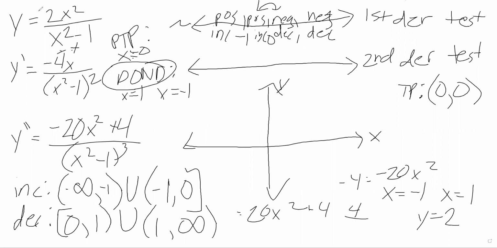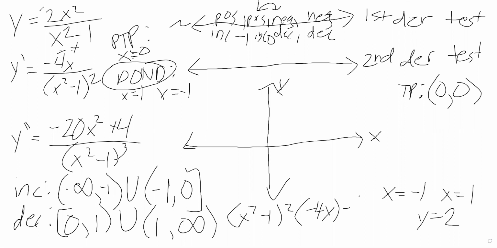You can get 4 over 20 equals x squared. No, that gives you a negative number there. I'm not sure why that's giving you a positive number. My apologies for trying to figure out the mistake here. x squared minus 1 squared. You can always just fast forward through this part. It's just me double checking my work.